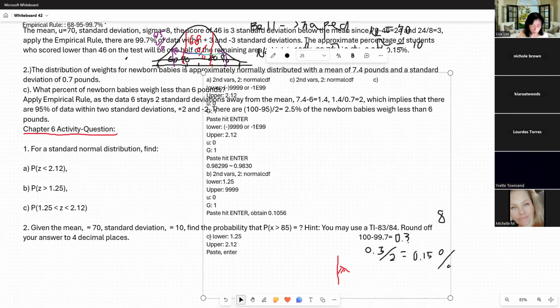So same thing, second bounce, option 2, enter, and 1.25 as lower bound, upper bound 2.12, and go down, paste. You should get the answer right away: 0.0886. Okay, that's the final answer you will get for the item C.